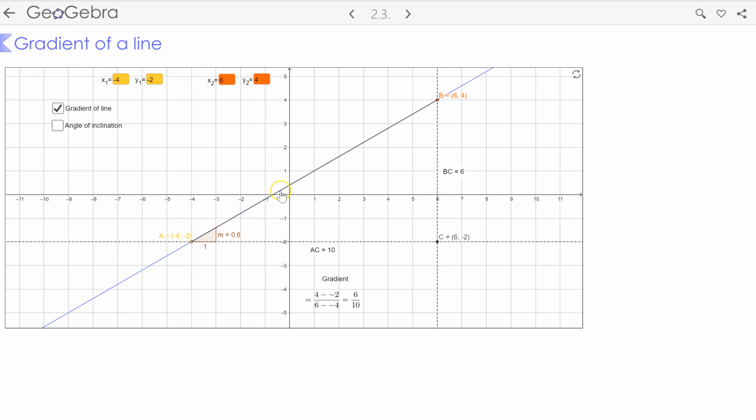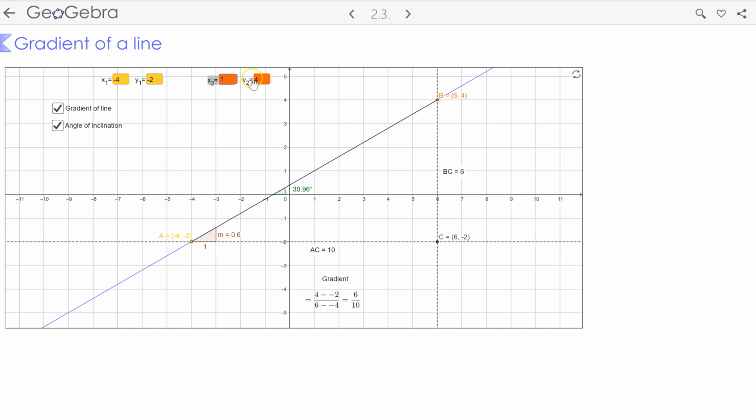And the angle of inclination, this angle in here between the line and the x-axis, is close enough to 31 degrees. Now if I just change this point to another one on the line, so I think 1, 1 is on this line, hopefully we will see that nothing changes.